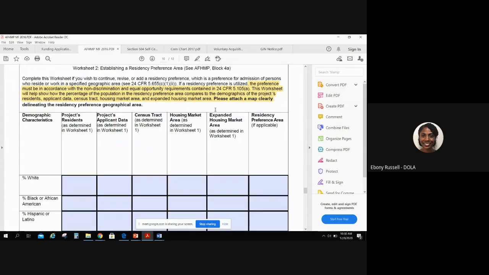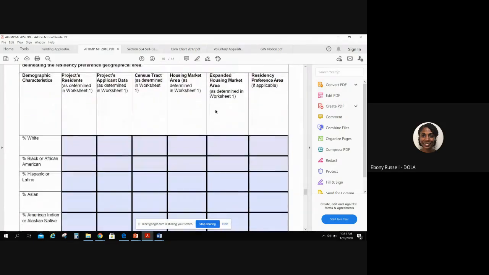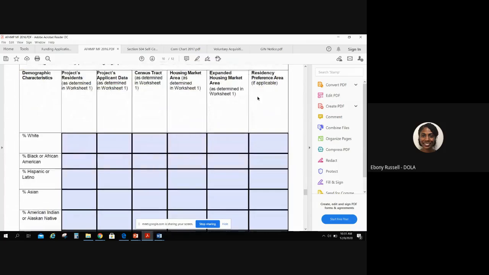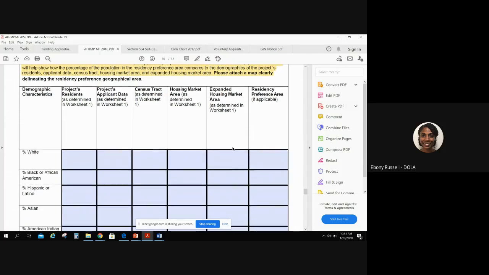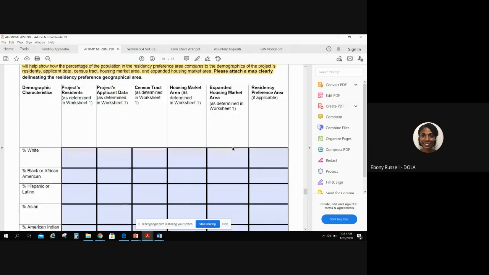And again, the residency preference area must be in compliance with basically the general demographics of the area. So if the people that you're marketing to are maybe teachers or something like that, they must match the demographics of the area that you're applying for housing for.